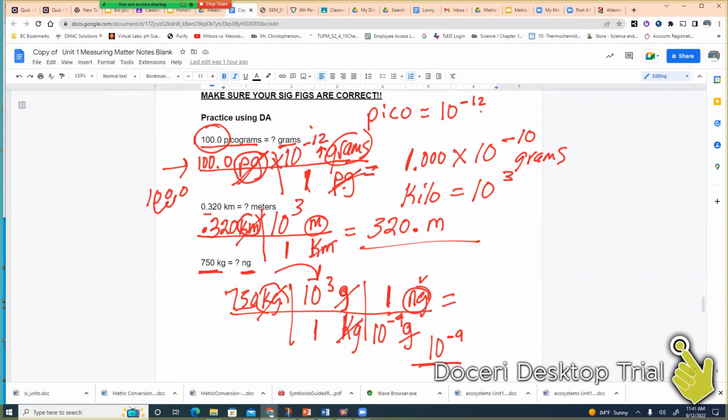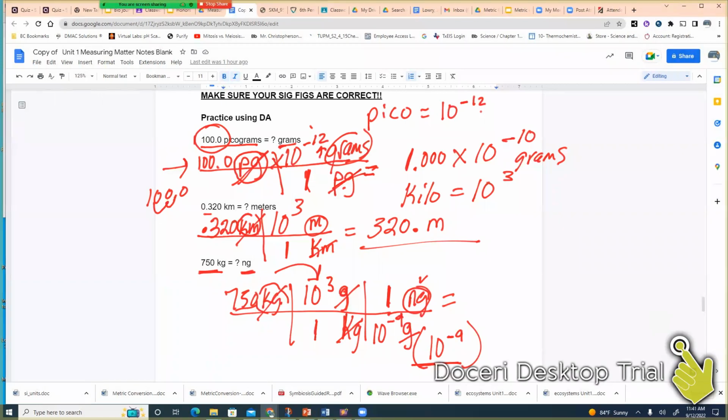Yeah, I would do 750 times 10 to the third. And then I personally would hit enter to get my answer for that multiplication. And then I divide, but Cameron, the only way I know is, when you divide by 10 to the negative 9, it's going to have to be in parentheses.